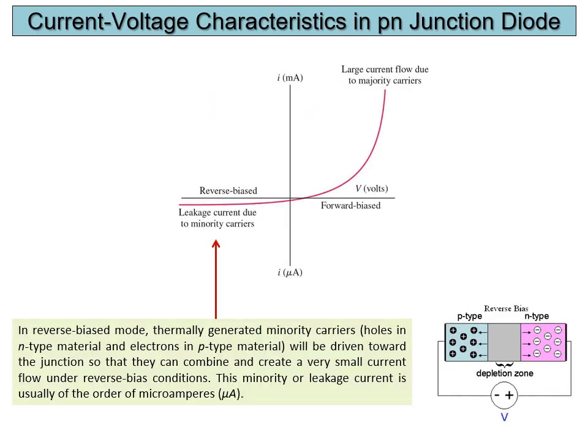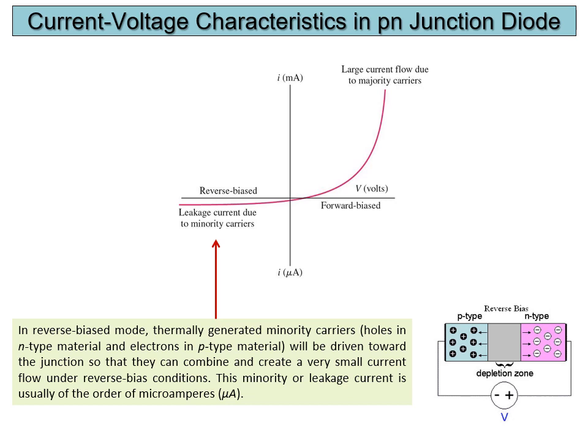In reverse bias mode, thermally generated minority carriers, holes in n-type and electrons in p-type material, will be driven toward the junction so that they can combine and create a very small current flow under reverse bias condition. This minority or leakage current is usually of the order of microampere.